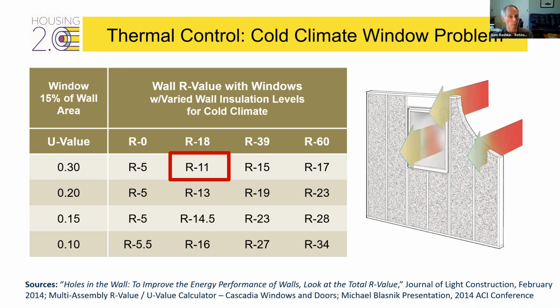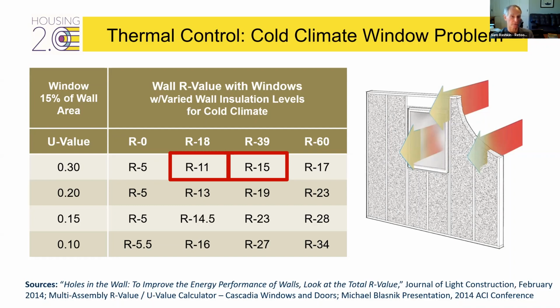As I move to more and more efficient assemblies, like an R39 wall, which is going to be a 13-inch wall, I'm losing 60% to 2/3 of the R value with an Energy Star window. That 39 effective drops to R15.